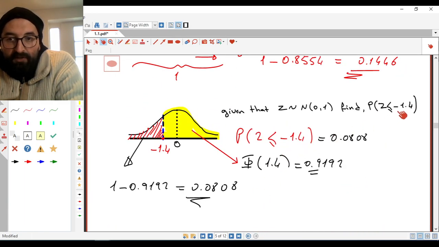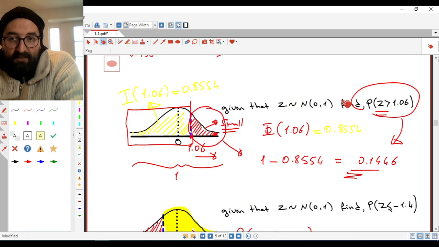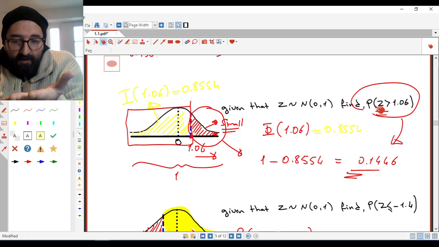I hope you notice that whether it has equals or not equals, every time we solved the question the same way.